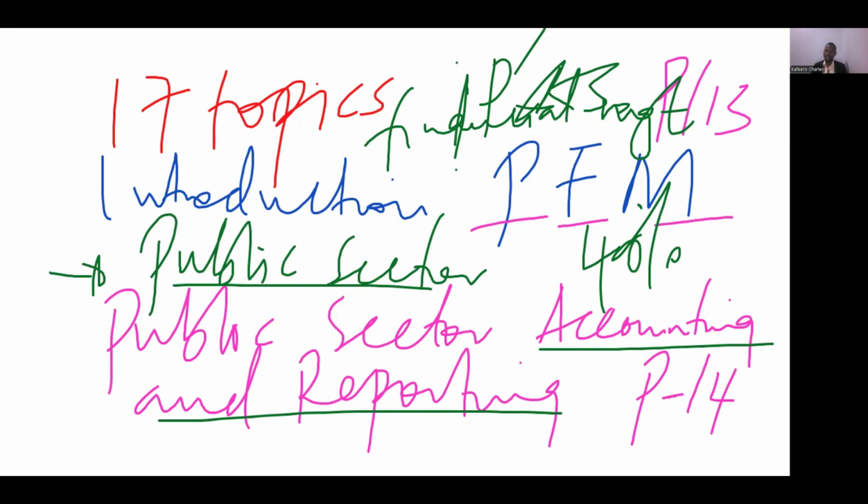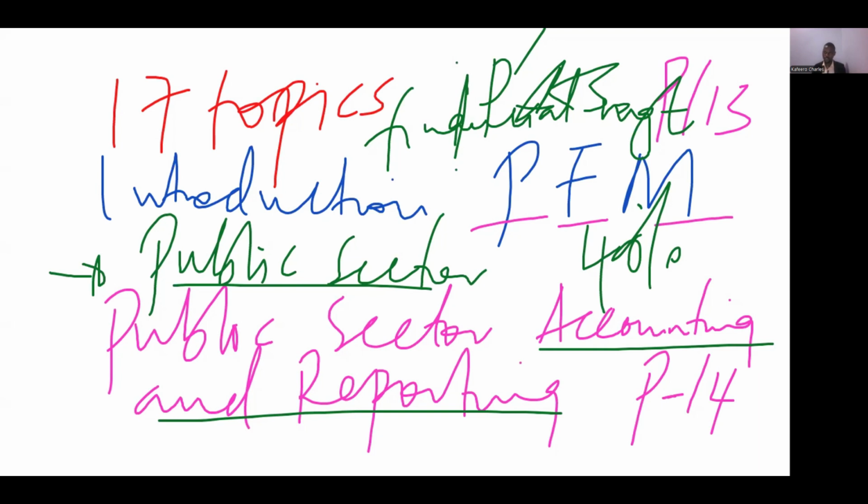Some of the things that we are going to be borrowing are because we also have users, even here in the public sector, users of financial statements. Once we have users of these financial statements of these public sectors, we also have to look at the information that is needed, or the information needs. What do they need from these financial statements?